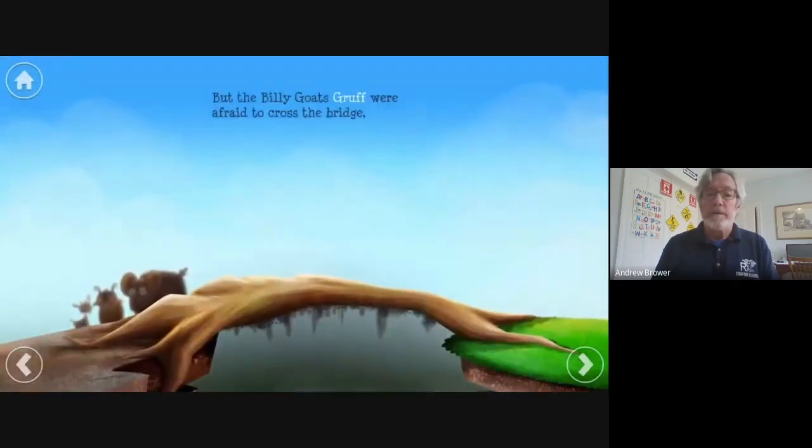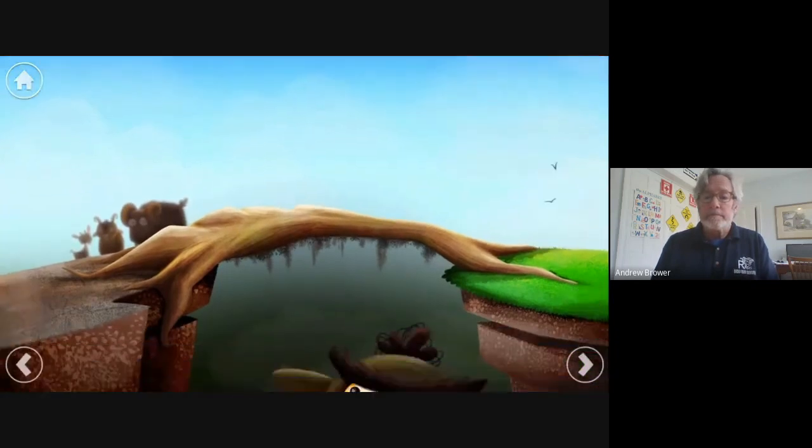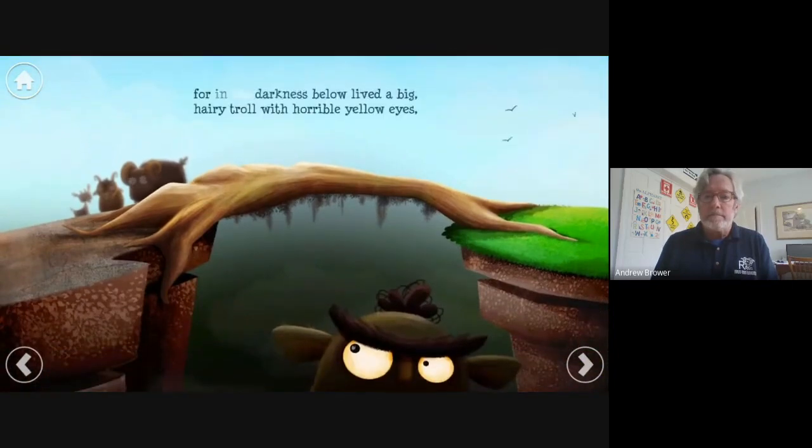The billy goats gruff were afraid to cross the bridge. For in the darkness below lived a big, hairy troll with horrible yellow eyes.